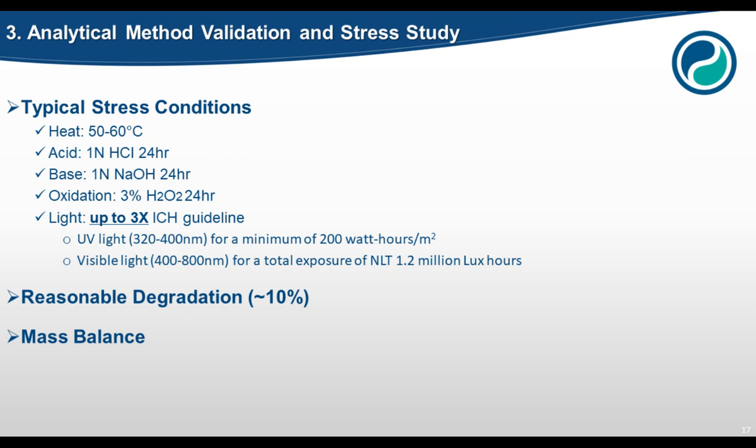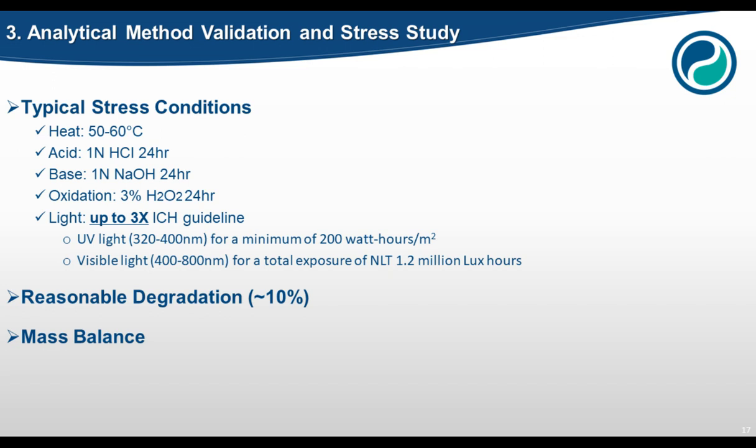For acid and base hydrolysis, we apply hydrogen chloride and sodium hydroxide for up to 24 hours, normally ending up with a solution concentration of 0.1 normal to 1 normal. For oxidation, the condition is straightforward: 3% hydrogen peroxide for up to 24 hours. Just a reminder, do stay away from high temperature when you do the oxidation.